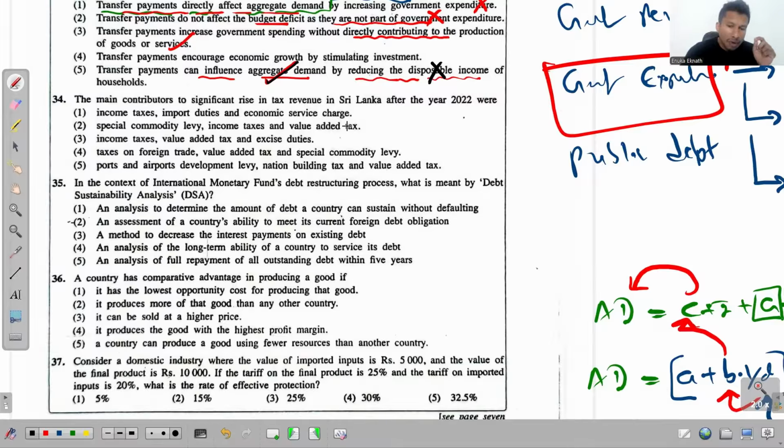The next part is that after 2022 something special happened. If you checked the bill at restaurants, a value added tax part that was not there before started appearing on the bill after 2022. So the government increased the income taxes and increased the value added tax, and they focused much more on value added tax. Then the other ones are excise duties and import duties. This is the answer, and this answer represents the main contributors to the significant rise in tax revenue in Sri Lanka.